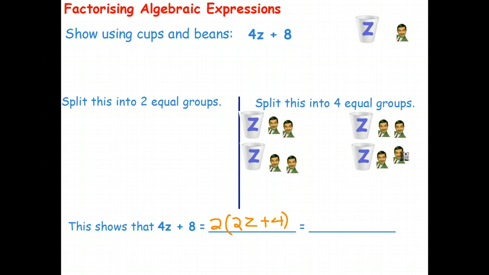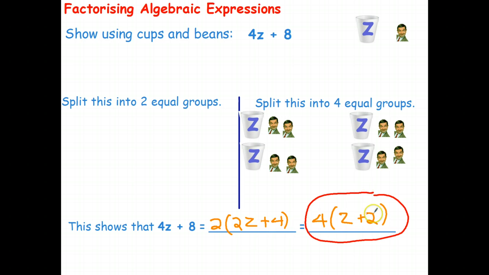So this time I've got 4 groups, so I can write the factor 4, and each group contains just 1 cup containing z beans plus 2 extra beans. So it turns out 4z plus 8 can be factorized in 2 different ways. And out of those 2, the one that you would see in the back of the textbook is that one.